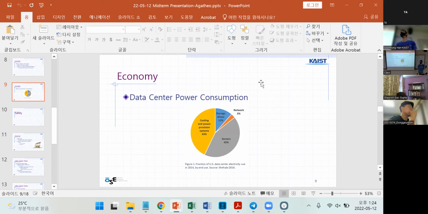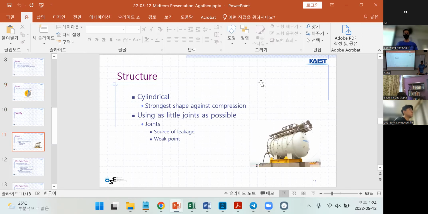Right. On page 11, in the image above the cylinder, there is a structure called a superstructure. What is that structure used for? I'm not quite sure what this structure is for, but most likely it's the cooling system.